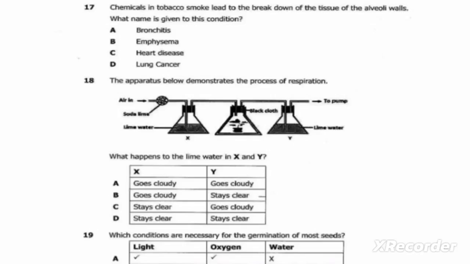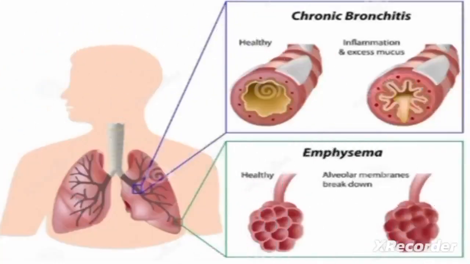When the bronchi or the bronchus are the ones that are affected, the condition will be called bronchitis. Now, since we are told, according to the question, that walls of the alveoli are the ones affected, we are going to call the condition emphysema.